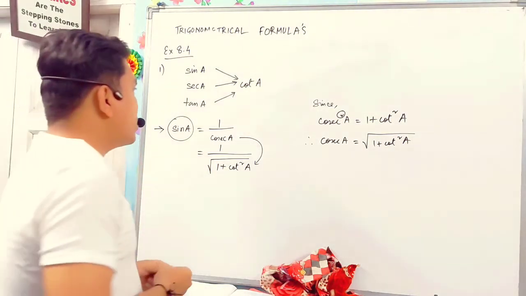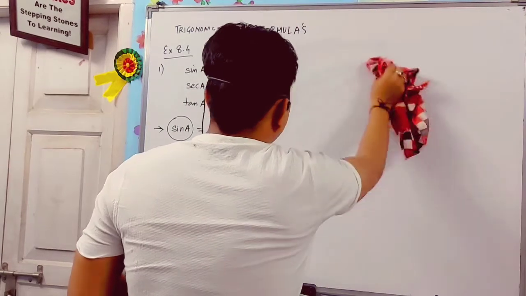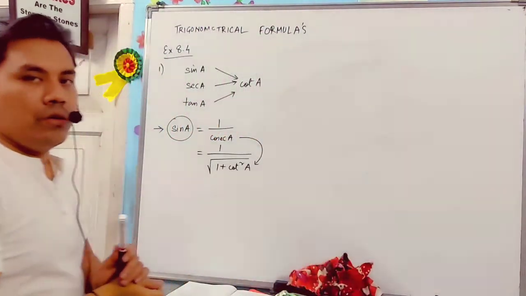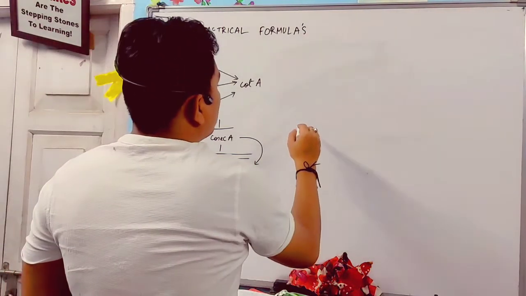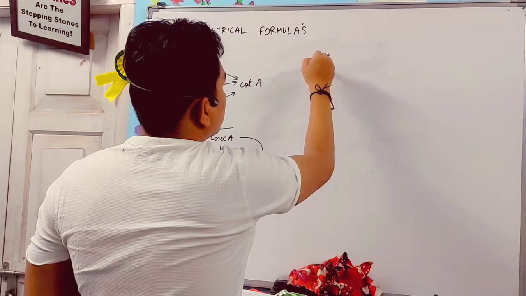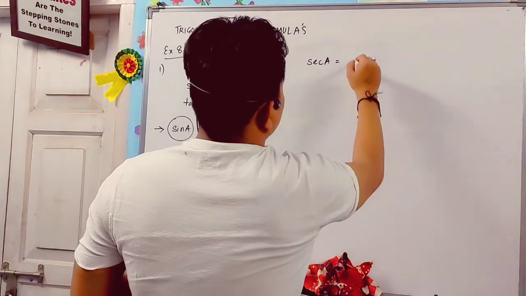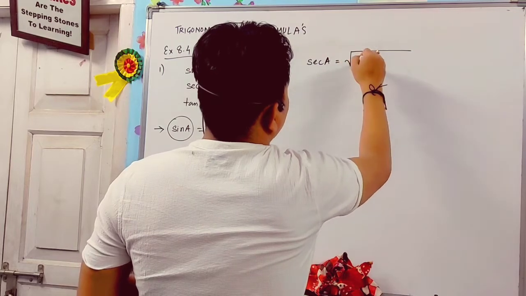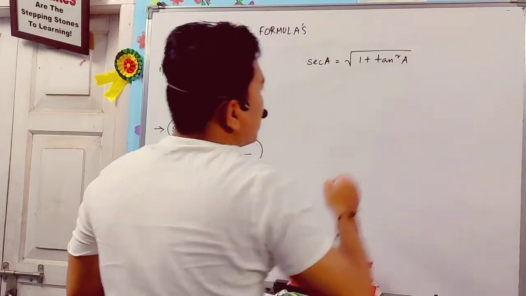Now, the next one is we have to convert from sec A to cot A. Alright. Now, sec A can be written as square root of 1 plus tan square A. Can we write?